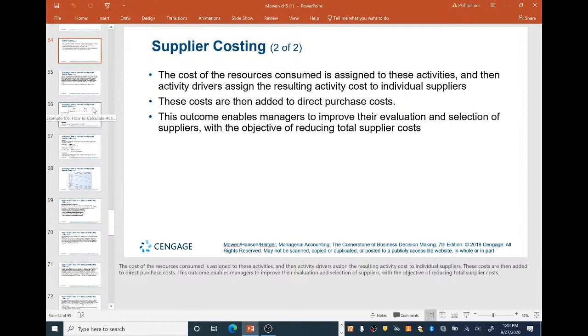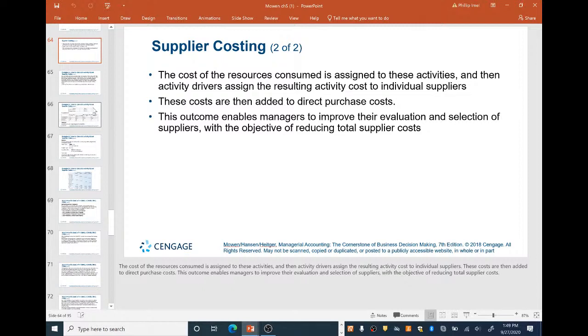The cost of the resources consumed is assigned to these activities, and then activity drivers assign the resulting activity cost to the individual suppliers. So you can see the same pattern as we did before with the product costs and the customer costs. Now we're just applying it with the supplier costs. These costs are then added to the direct purchase costs.